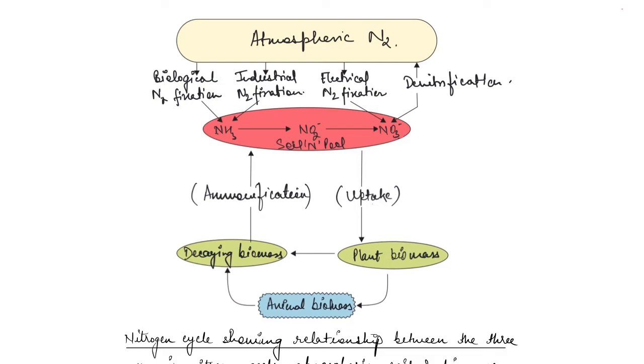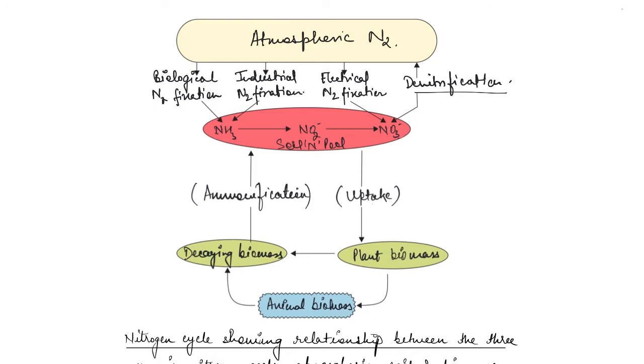The nitrate, which is present in the soil, is also reduced to form nitrogen, and this happens by the process of denitrification, right? So remember that the nitrate in soil is reduced to nitrogen as well.